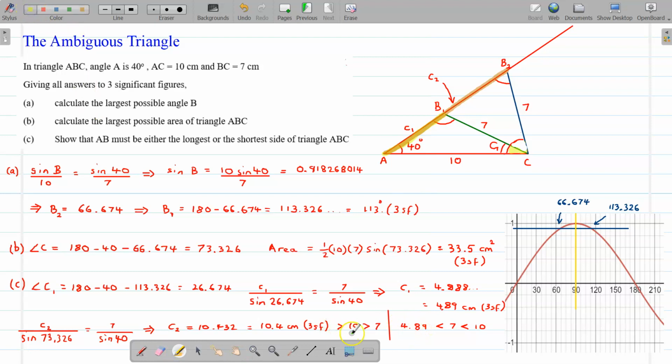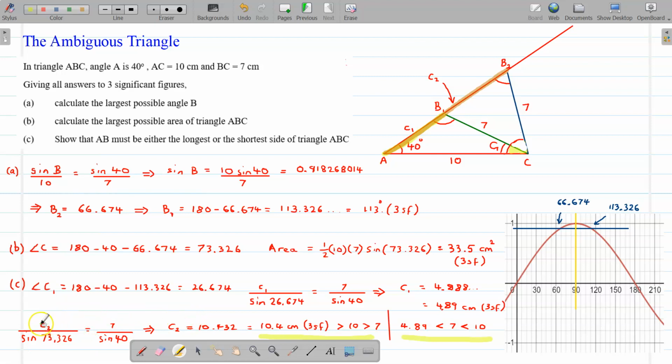Quite a lot to do on that question, but that's how I would present my answers. And I hope in all that clutter and explaining you can understand what's going on. It was made slightly complicated by the fact that I had to use lowercase c and uppercase C, and it's not always clear whether I was talking about an angle or a side, but you should be able to work through the video and see which is which.